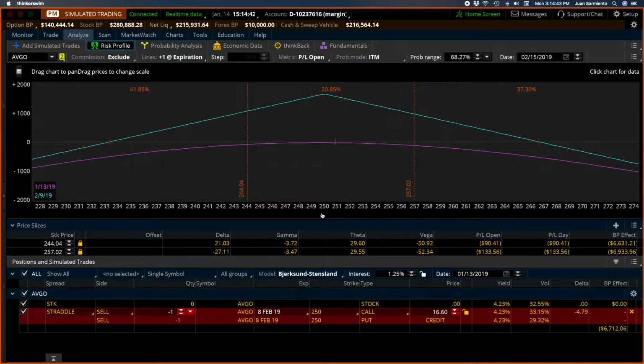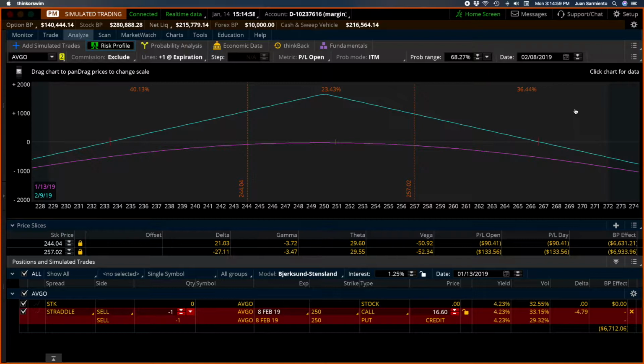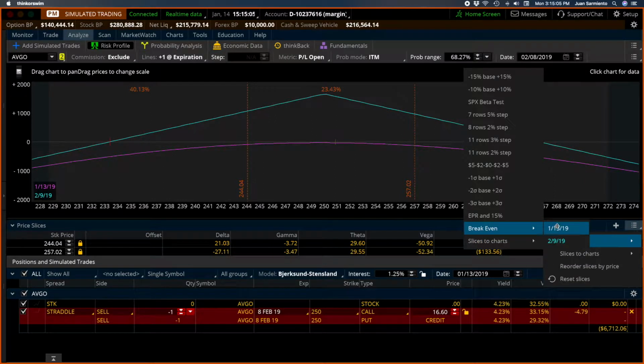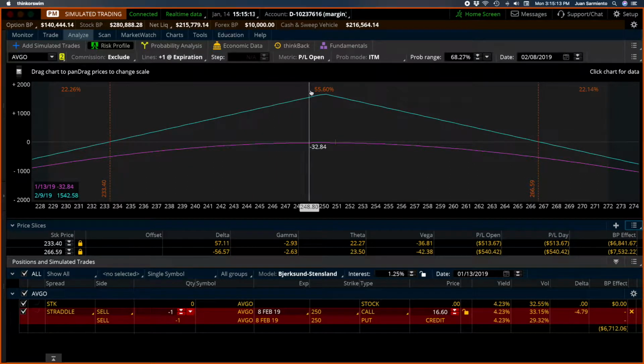In order to look at the probability of success, select the date of expiration from this date field and look for February the 8th in this case. And then over here, we set the slices to the break-even point with that same expiration, one day after the 8th of February. That gives us the probability of success.